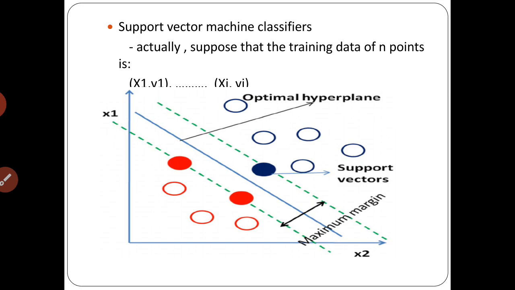Those points that fall on both sides of the gutters, the dotted lines, will be called support vectors, and here they are represented in bold shapes, blue color as well as red color. These points are called the support vectors. The rest of the data points are irrelevant to defining the classifier.